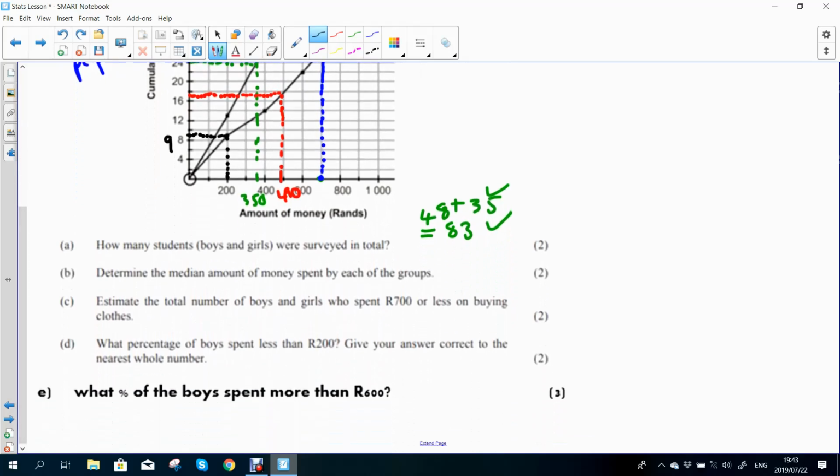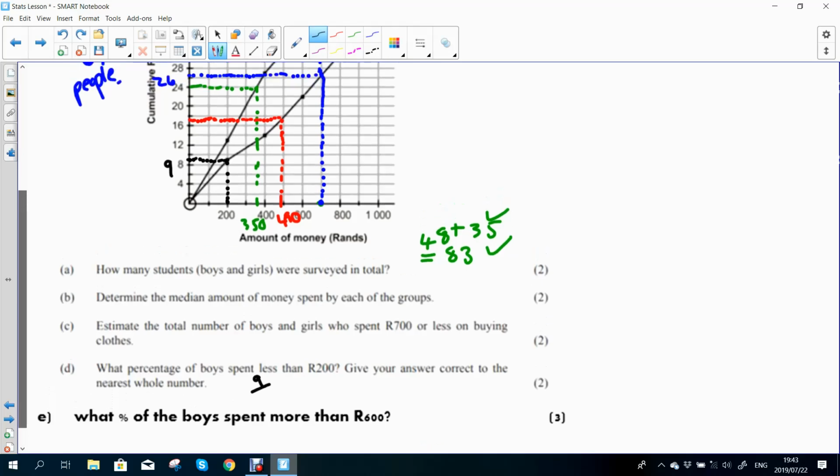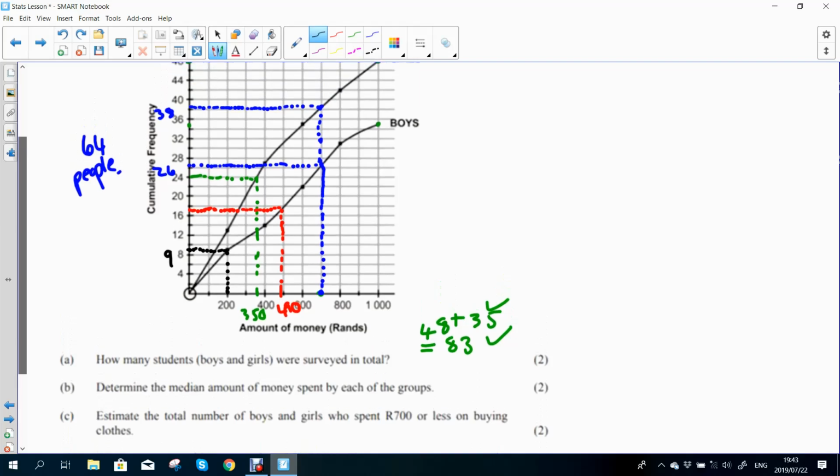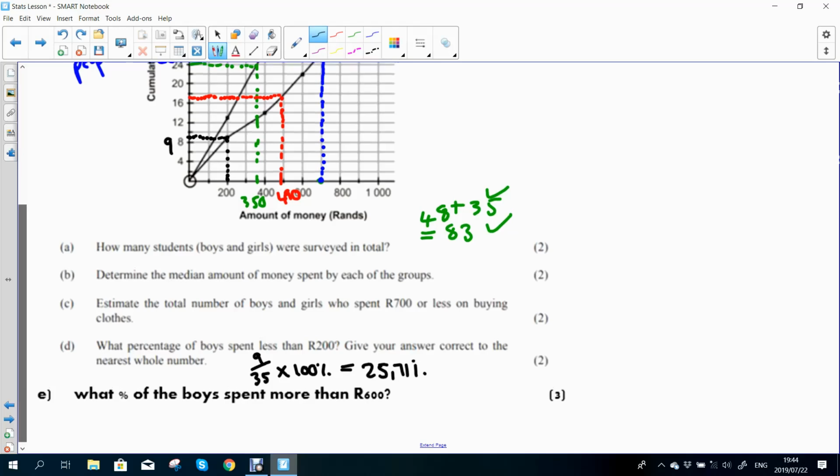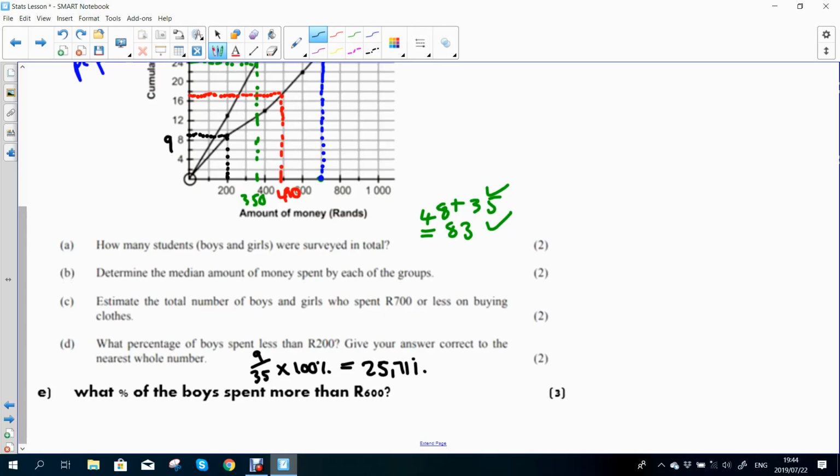And they want the percentage, so that's 9 out of the boys total. There are 35 boys, and we're going to times that by 100, which gives us the percentage of boys who spent less than 200, so that gives me 25.71%.